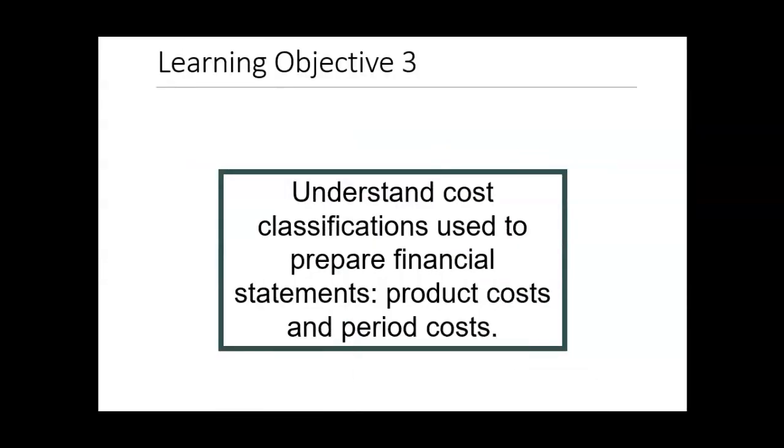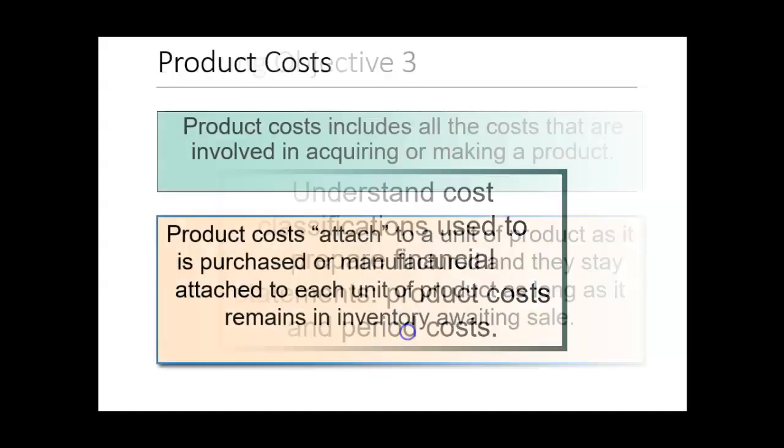Okay? So speaking of that, there's something called product costs and period costs that we're going to focus on next. To give you a hint, your product costs consist of your manufacturing costs. Your period costs will represent your non-manufacturing costs.